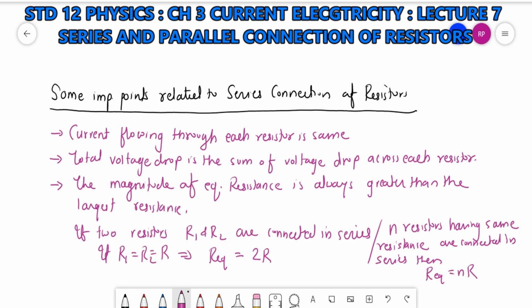Let's say if 100 resistors are connected in series, all having resistance R, then the equivalent resistance will be 100 R. This is the shortcut that we are going to use in the numericals. So these are some important points related to series connection of resistors. Just note it down.